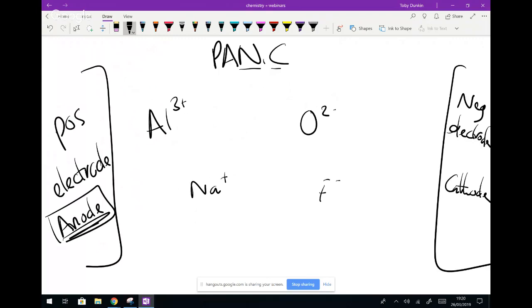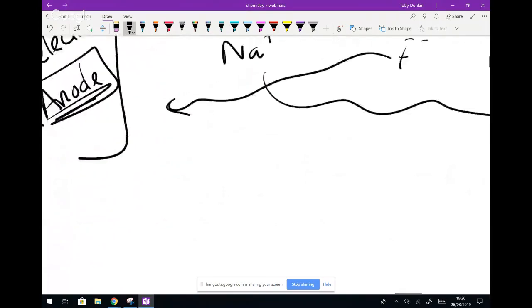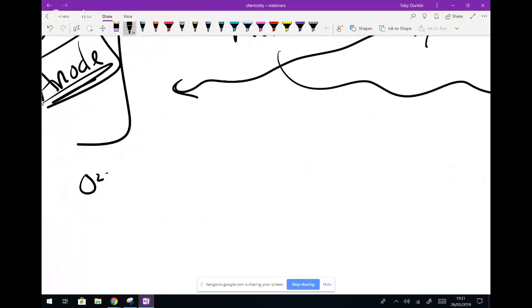What's going to happen is both of these ions are going to drift over to here due to the electrostatic attraction. At each electrode, the ions are going to want to give away their electrons.